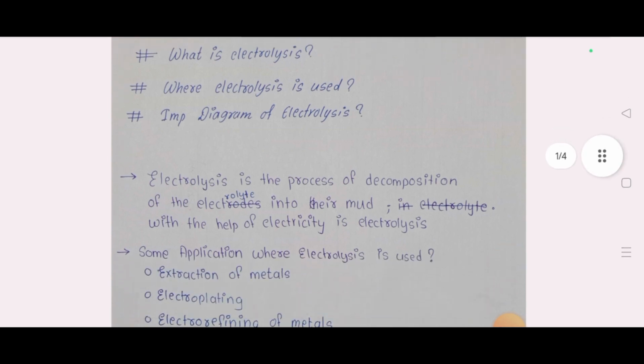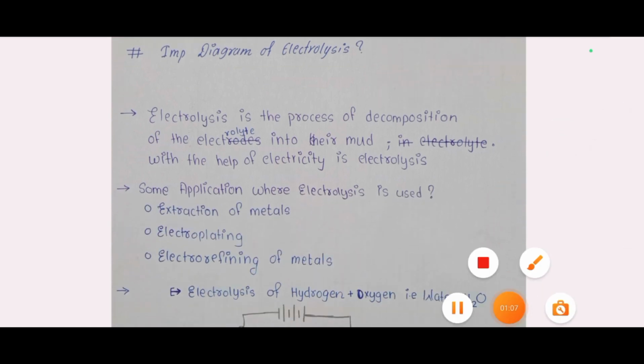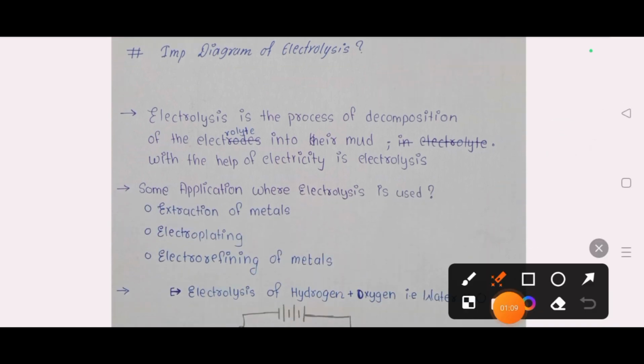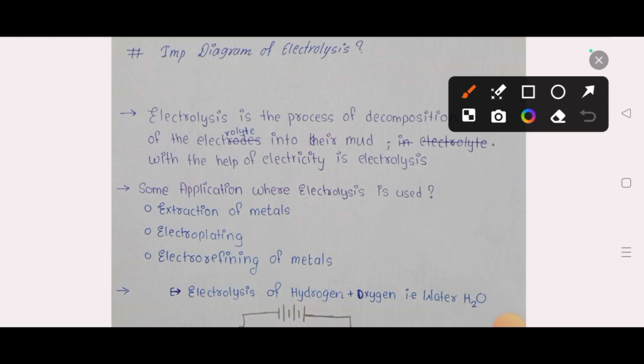So first thing, what is electrolysis basically? Electrolysis is nothing but the process of decomposition of electrolyte. Now what do you mean by decomposition of electrolyte? What is electrolyte? Electrolyte is nothing but the solution. Now see, I will draw one diagram.